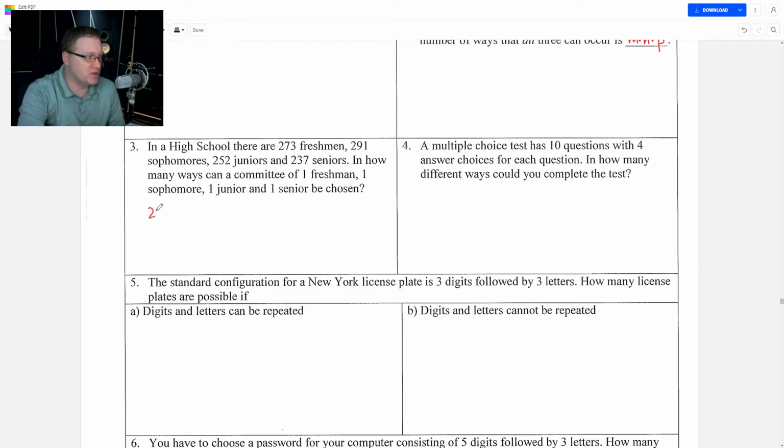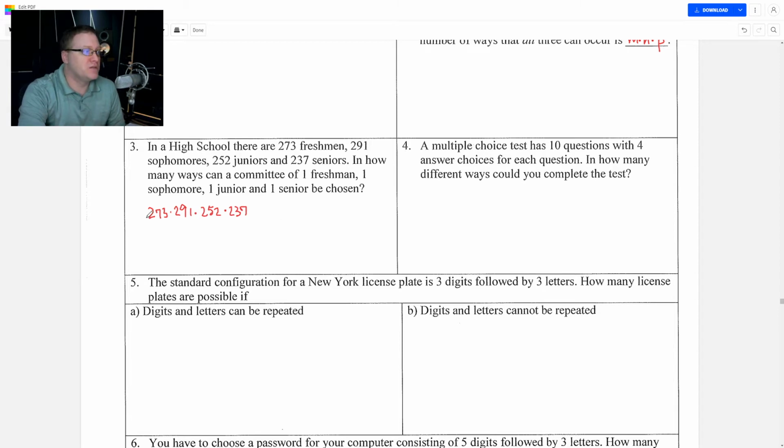So that's the first thing we're going to do. Then let's pick a sophomore. How many ways can we do that? 291 ways. Then we need to pick a junior. How many different ways can we do that? 252 ways. And then the final thing is we need to pick a senior. And how many ways can we do that? 237.